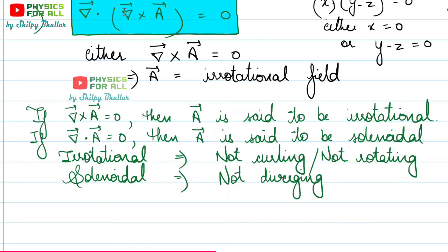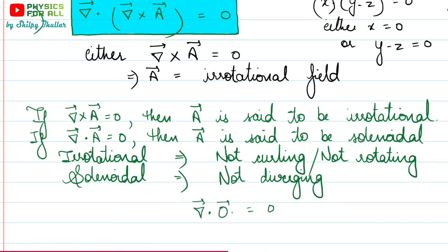So from this expression that we have obtained, del dot del cross A equal to 0, we can infer that either del cross A is 0, or you can also call it 0 vector, because if you would take divergence of a 0 vector, then also you would obtain 0.